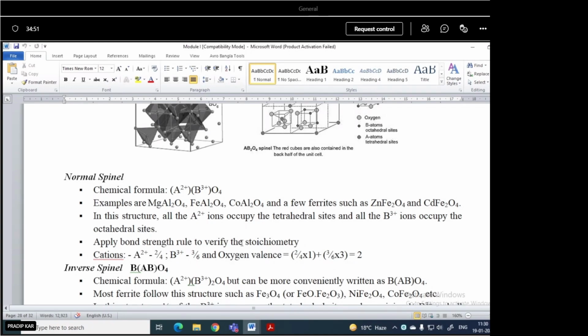Remember that here Mg, Fe, Co, Zn and Cd are 2 plus, and Al, and in case of zinc or cadmium, Fe, is 3 plus.